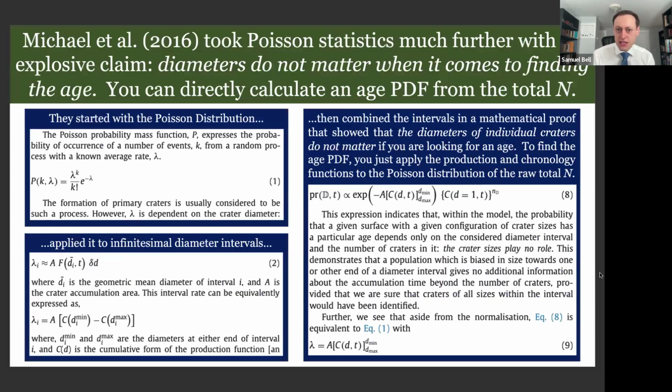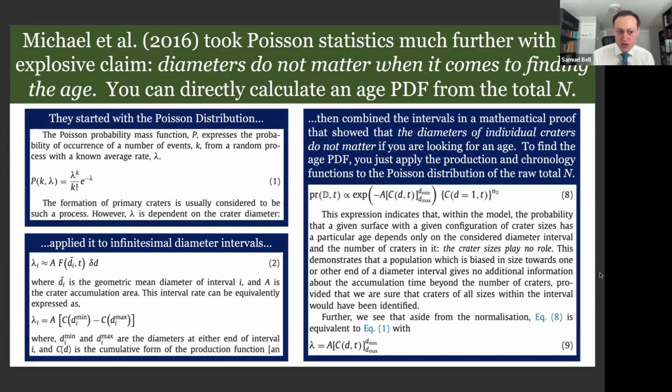Michael et al., 2016, took Poisson statistics much further with an explosive claim. Diameters do not matter at all when it comes to finding the age. You can calculate an age PDF directly from just the total n.